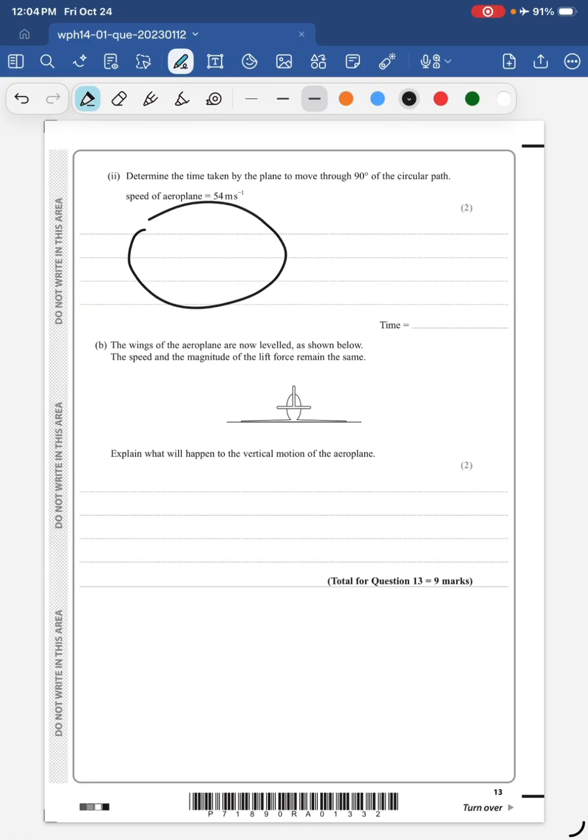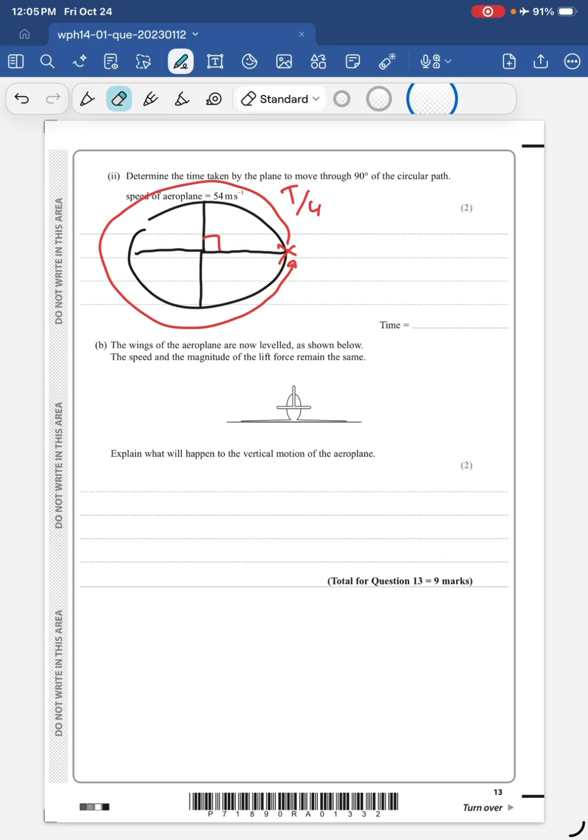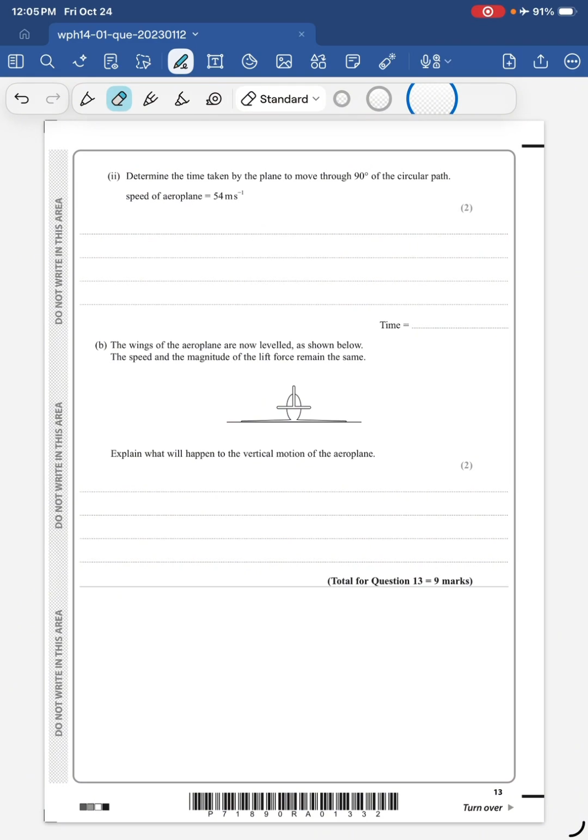Let's say that you undergo one revolution from x back to x. That takes you a time of 1 period. For 90 degrees though, it takes you a time of a period over 4, a quarter of a period. I hope this is clear. So this is the time we will need.